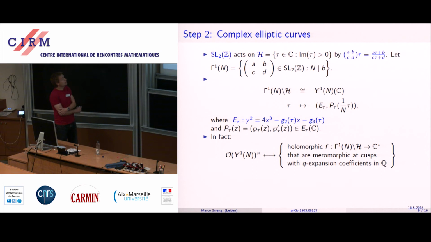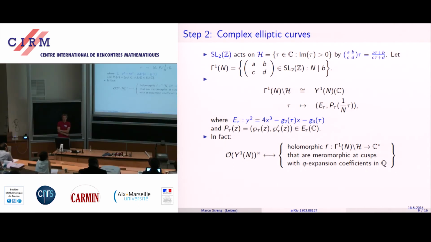That's the E tau over there, 4x cubed minus g2 tau x minus g3 of tau is y squared. So that's the elliptic curve, and then the point comes from the Weierstrass p function. You take the point 1 over n tau modulo some kind of lattice, and you evaluate the Weierstrass p functions in them. So that gives you a way of parameterizing this modular curve.